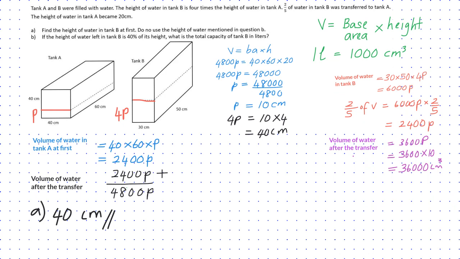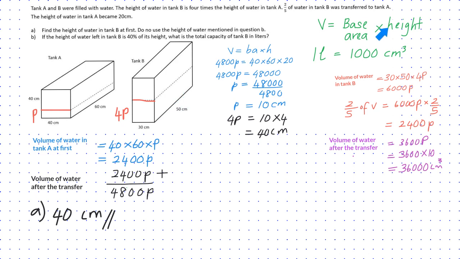Okay, so once again, let's take a look at our volume equation here. So we calculated the volume of water that is left in tank B after the transfer, and the base area is 30 centimeters into 50 centimeters.